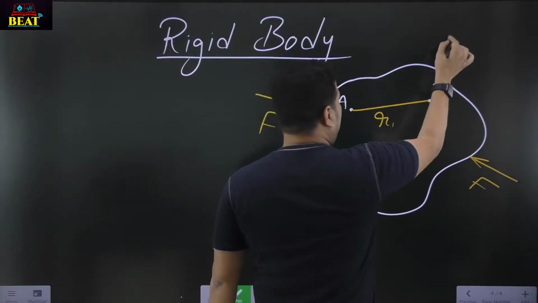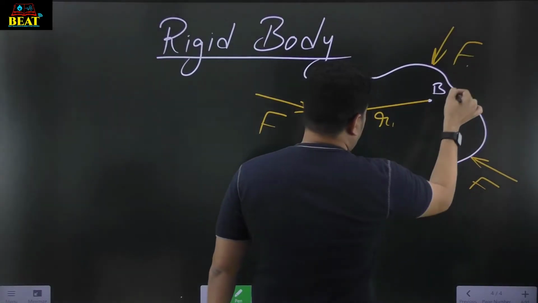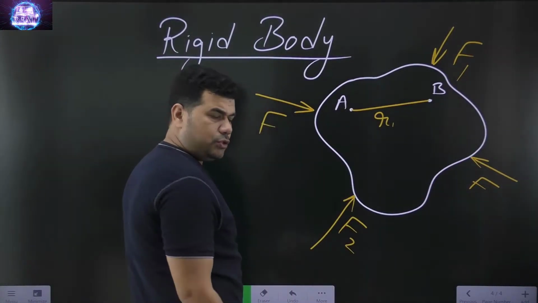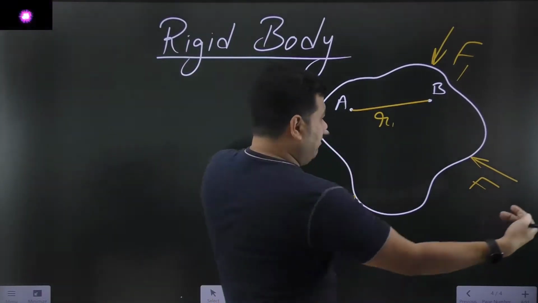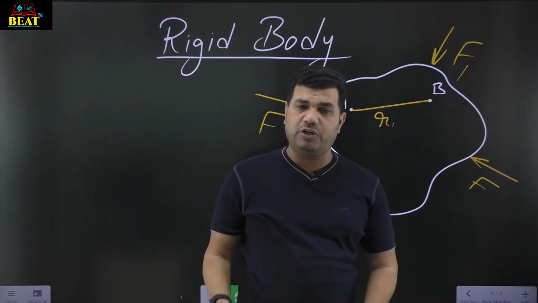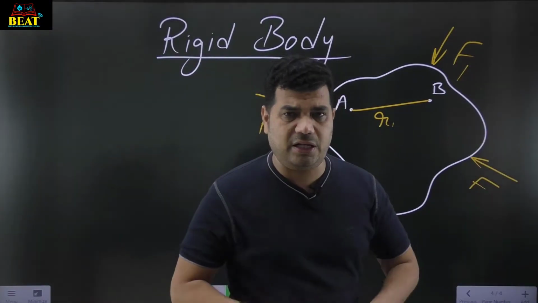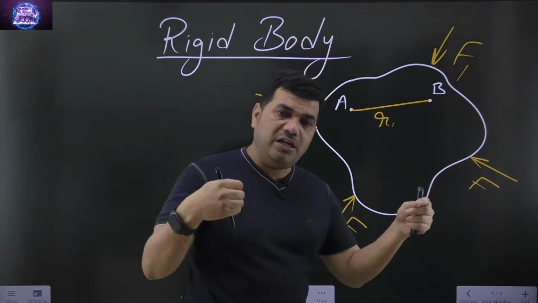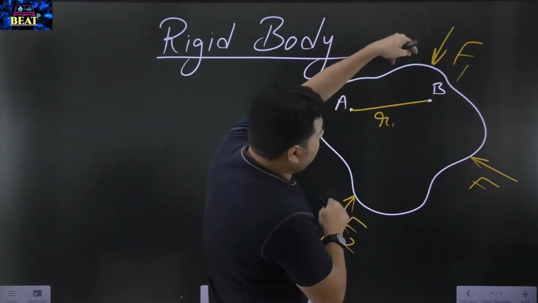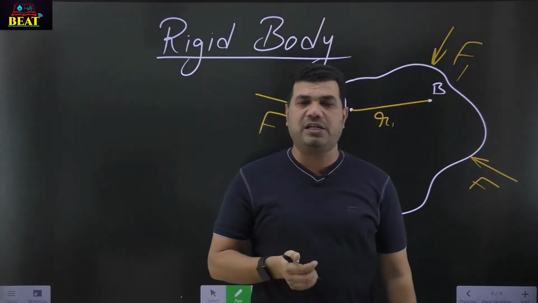Maybe you can apply a force F1 from here and F2 from here, so the net force is 0. They cancel each other. The body will not move at all, it has no acceleration at all. But you are applying deforming forces; these two forces try to deform its size and shape.